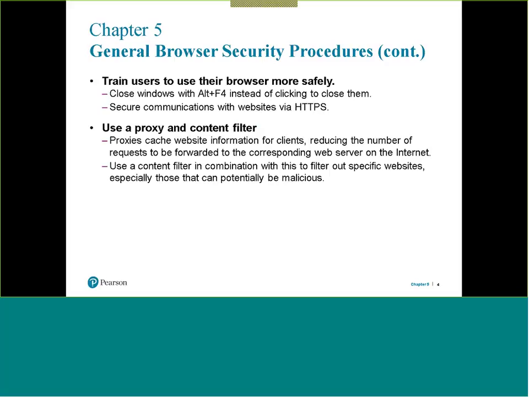Also use a proxy and a content filter. Proxies are great for filtering things. Based on what kind of data you've got coming in and out, or what you're going to allow your users to do, you may have content filters that block certain things. We have one of some type here at Northwestern, but there's very little that we block on the network.